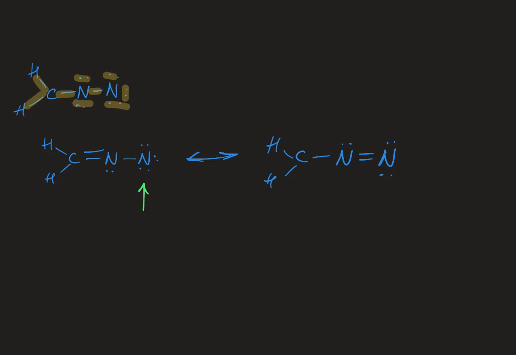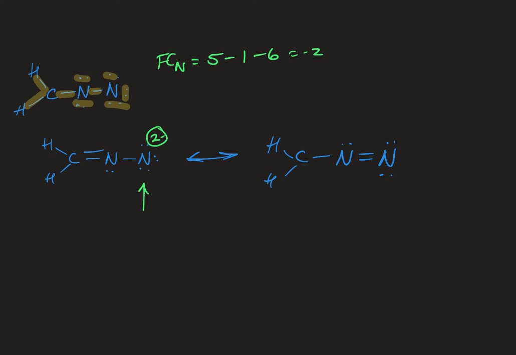It does have an octet. This is another key thing to make sure you're doing, give it an octet. And since it has 2 fewer, it's going to be a 2 minus charge. If we look at its actual calculation, it would be 5 minus 1 bond and minus 6 non-bonding. 5 minus 7 is -2.